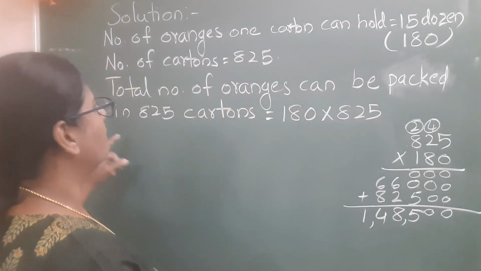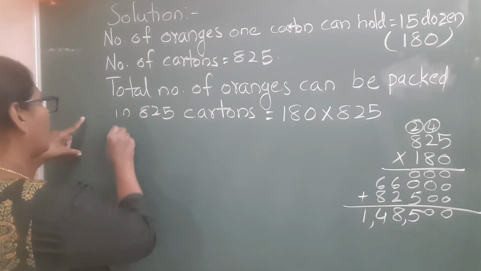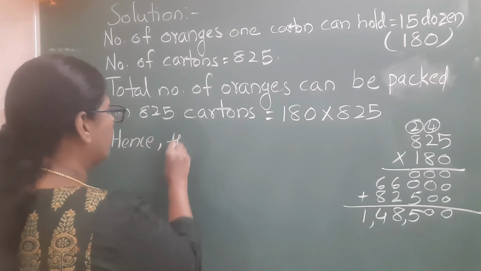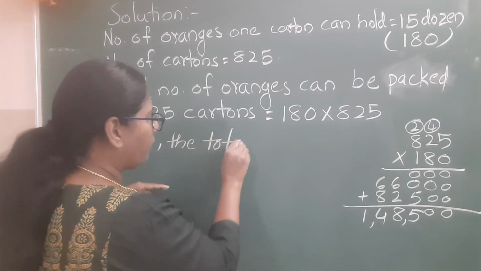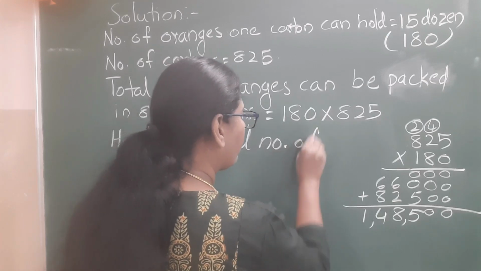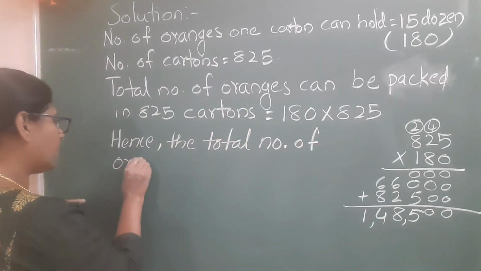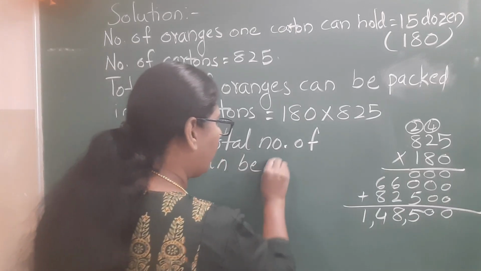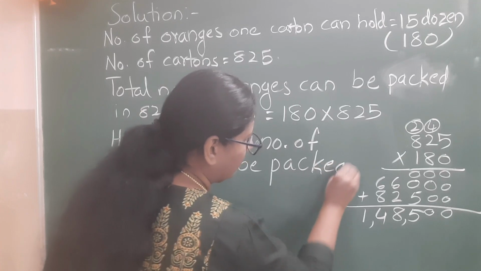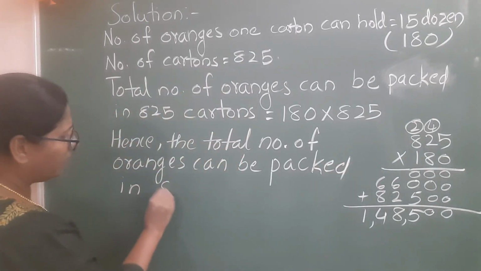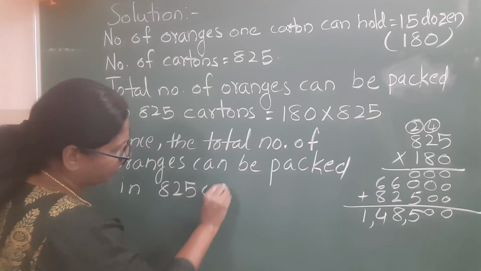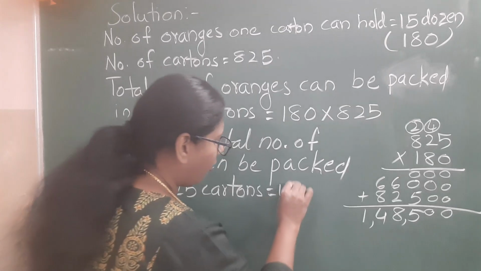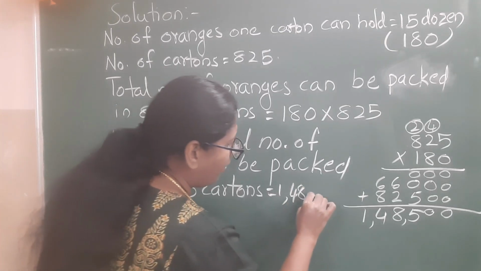1,48,500 oranges can be packed in 825 cartons. So we will write the last statement. Hence, the total number of oranges can be packed in 825 cartons is equal to 1,48,500.